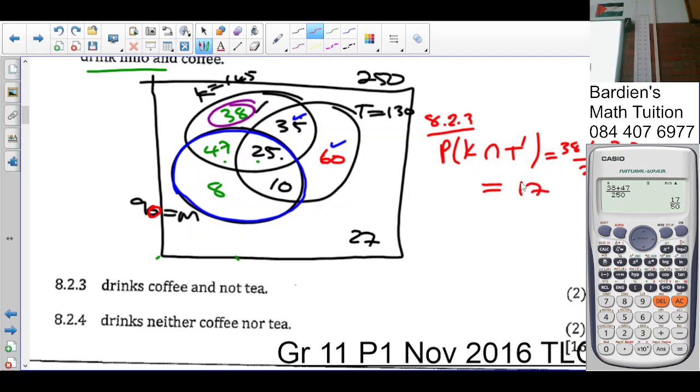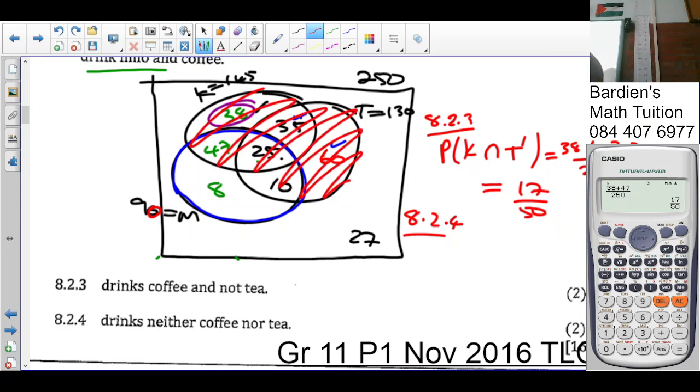Is that correct? Alright, and the last question, 8.2.4, drinks neither coffee nor tea. So you take out all the coffee, all the tea. So what is going to be? The probability would simply be 8 plus 27 over 250. Why am I adding 27? Because it's not of that group. Okay. So the only thing you must take out is the coffee or tea.